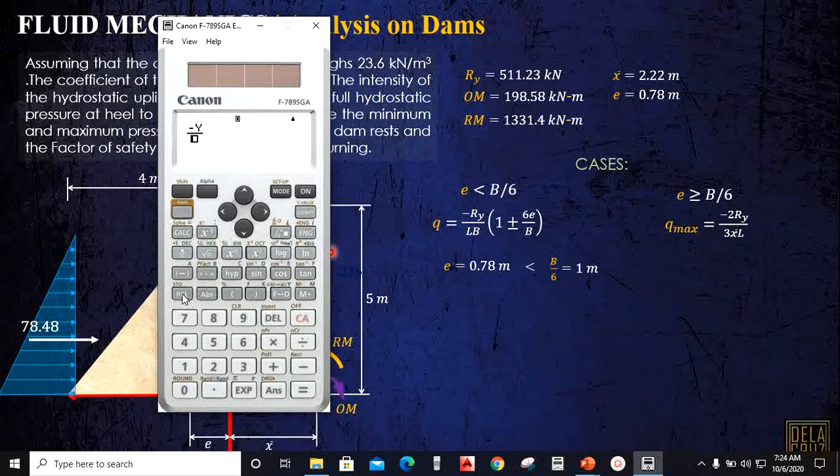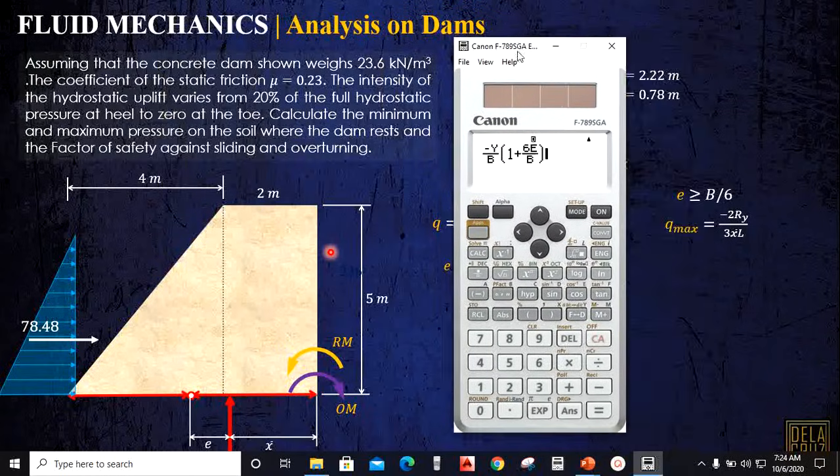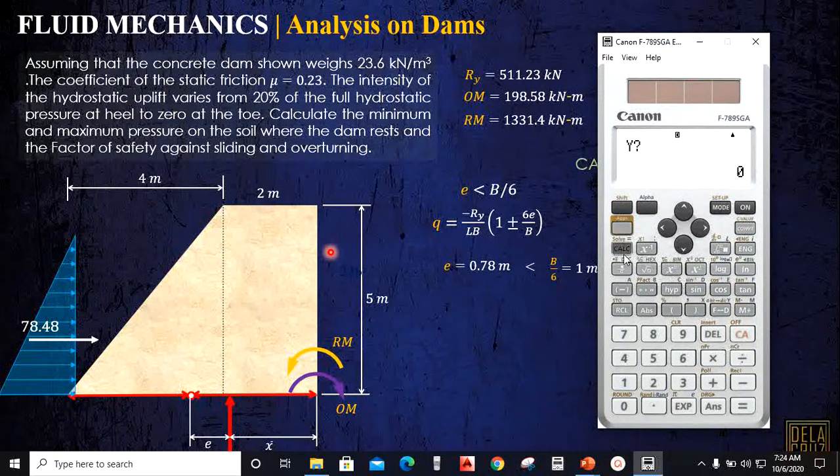So I will only use variables, B, then calc. Plus 1 plus 6E divided by our B. You can also use this variable style to make it easier. I will just press calc.